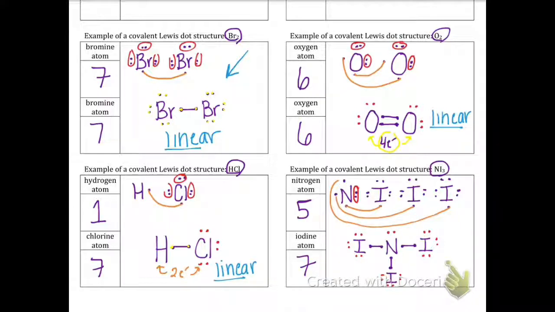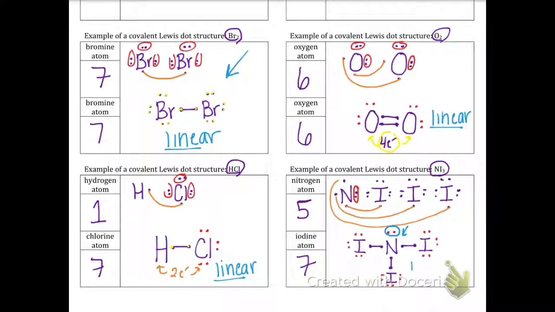Now this last one, it's attached to 3. We have our nitrogen here being our central atom. It's attached to 3, but you can see that it does have a lone pair. It does not share electrons. So if you look at your chart, 3, yes, it has lone pairs, then what shape do we call it?